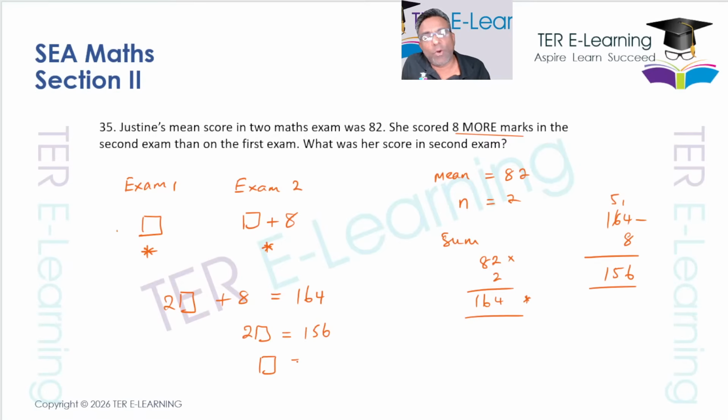So the value of 1 box will be 156 over 2. 7 2s are 14, so that's 78. That means she scored 78 in the first exam. And in exam 2, she scored 78 plus 8, which is 86. So she scored 86 in the second exam.